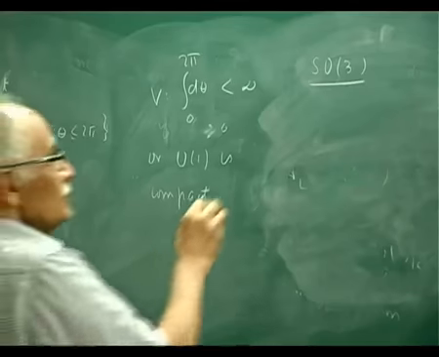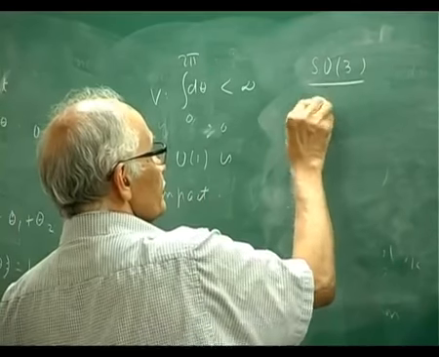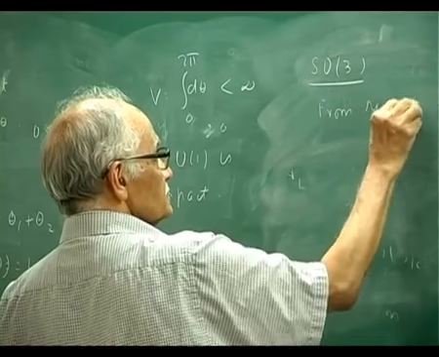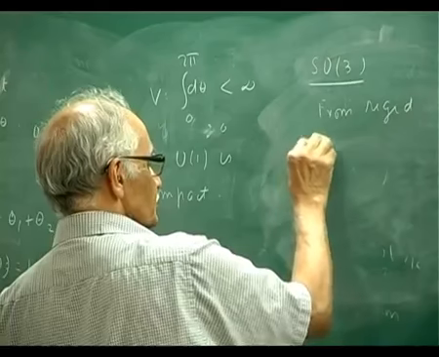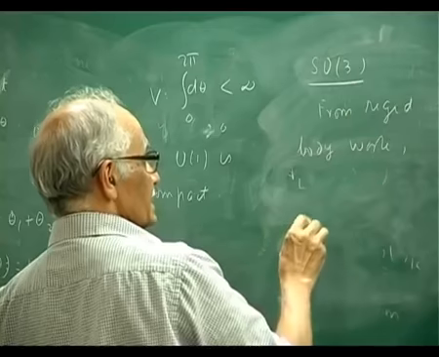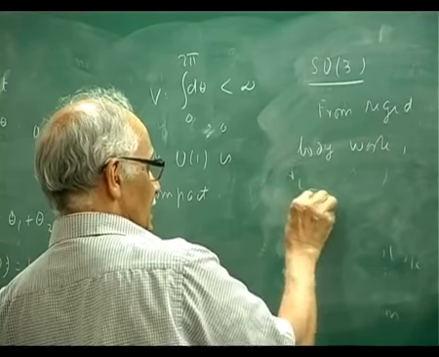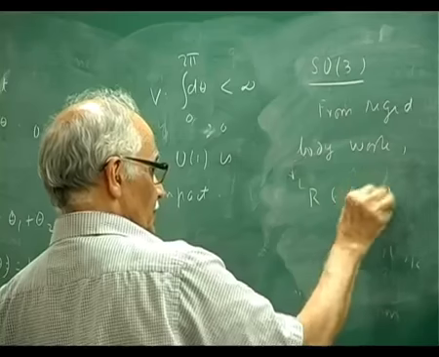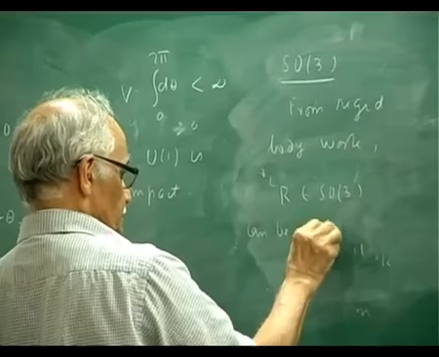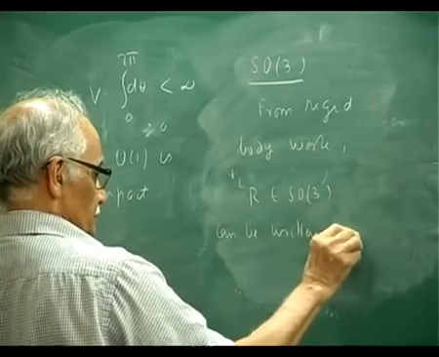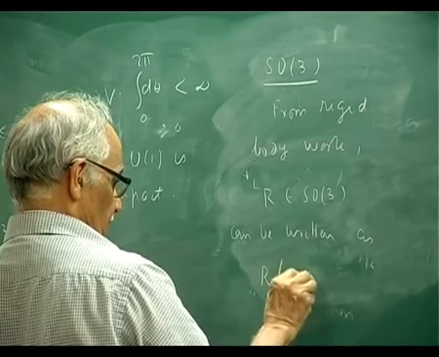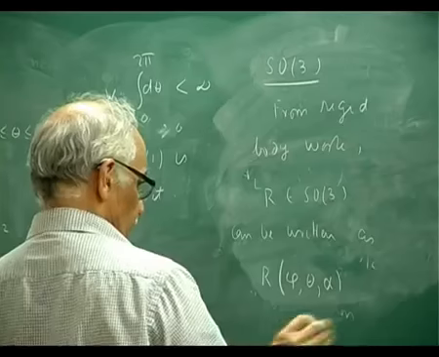Here, from rigid body study in classical mechanics, we know that R in SO(3) can be written as R of phi, theta, alpha.